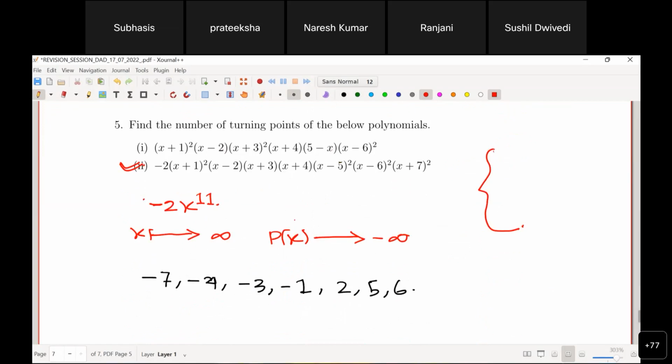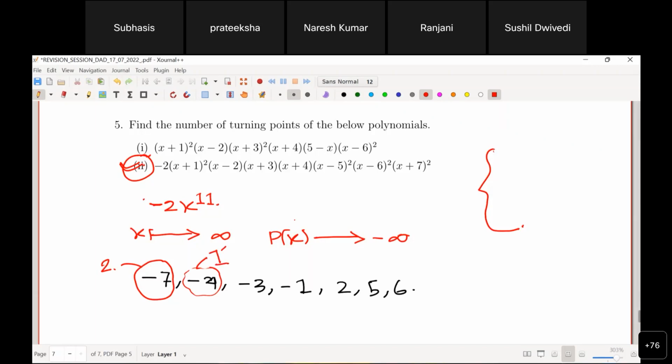So now I'm solving the second option. Okay, so what is the multiplicity of -7? Sorry, it's 2. And the multiplicity of -4 is 1.